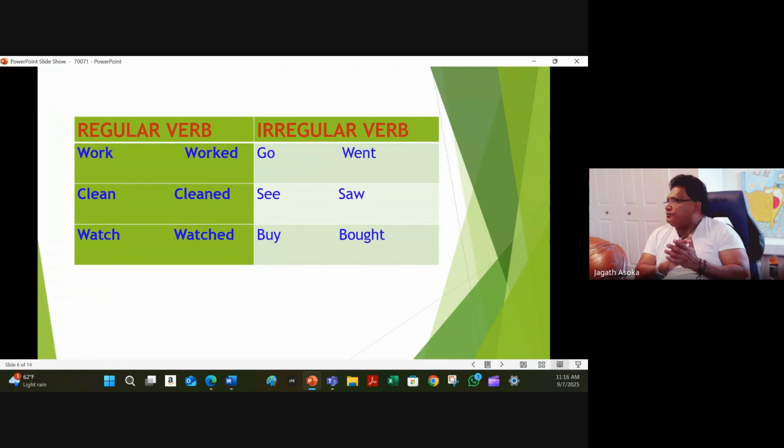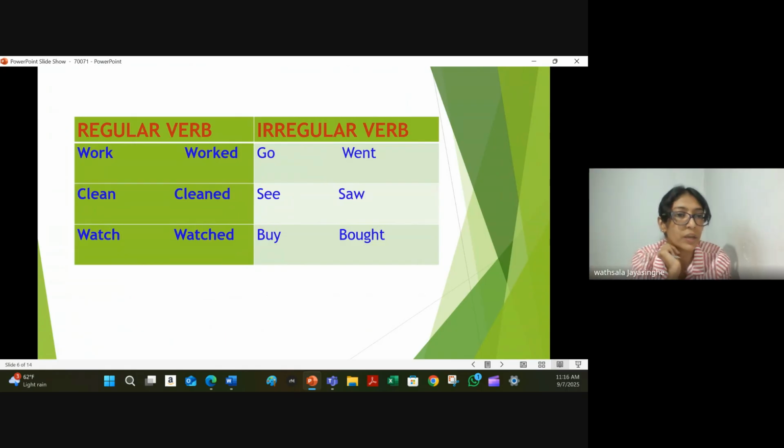Okay. And then we move to regular verbs and irregular verbs. Regular verbs: work becomes worked, clean becomes cleaned, watch becomes watched. Irregular verbs: go, went; see, saw; buy, bought.